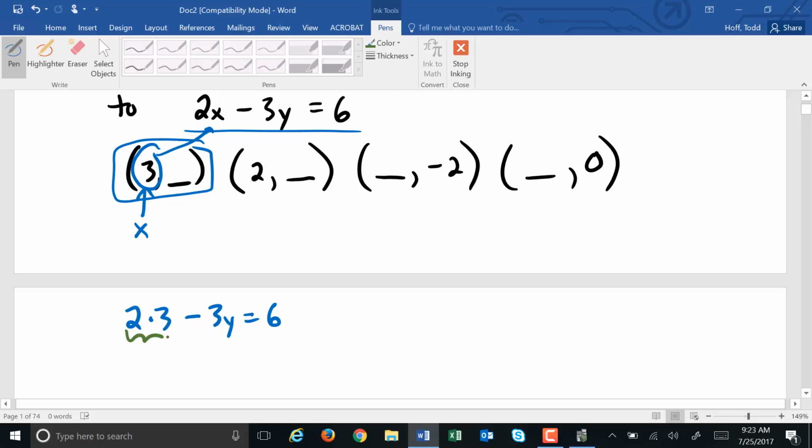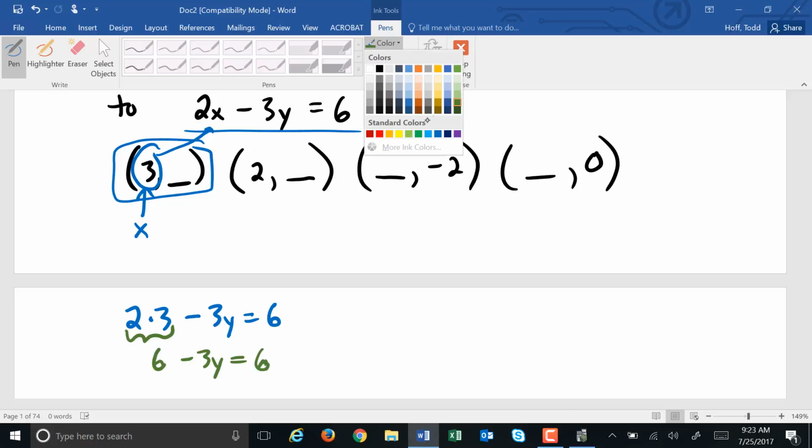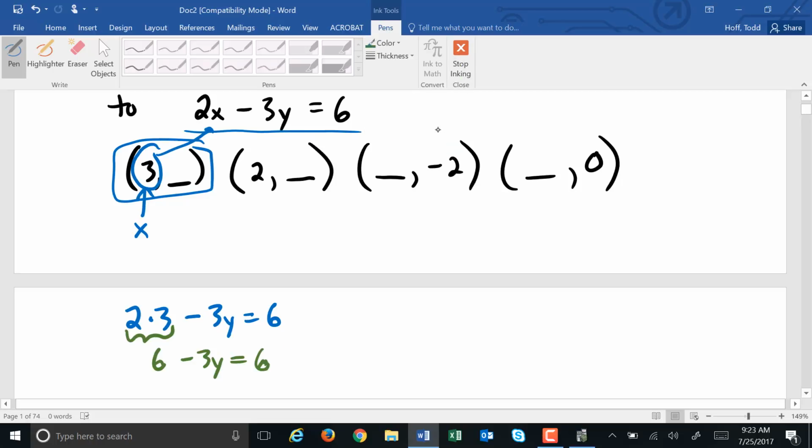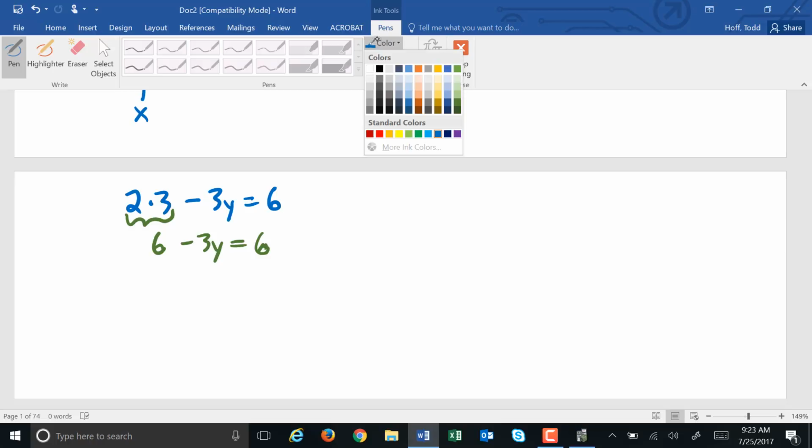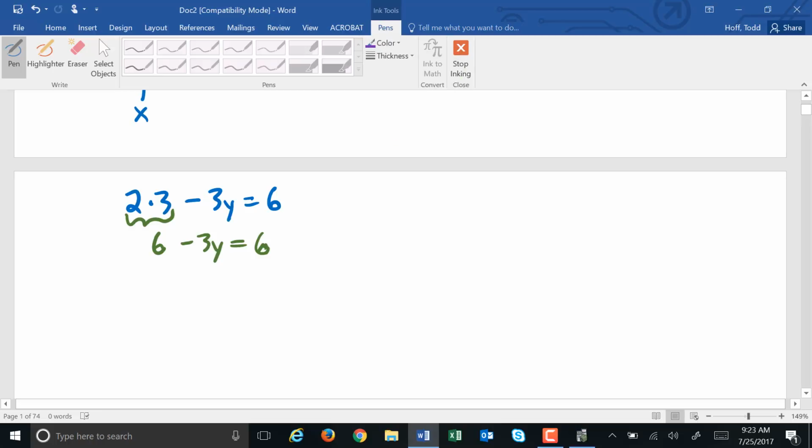So I'm going to do the 2 times 3 first, makes 6. So I've got 6 minus 3y equals 6. Then what am I going to do? Yes, I have to get rid of the 6. And I'm going to get rid of it by subtracting it.